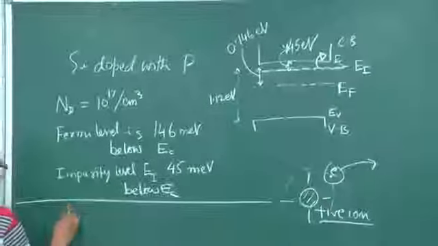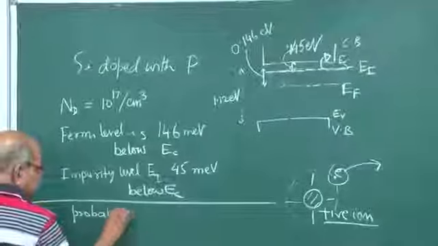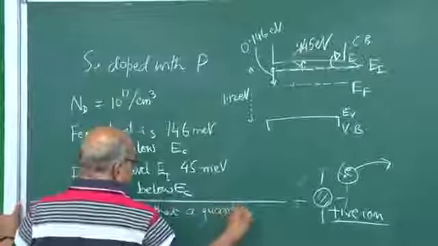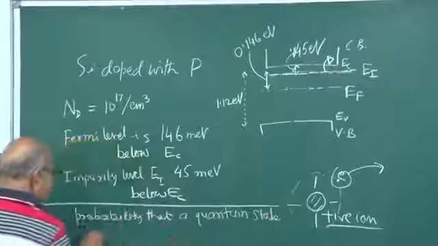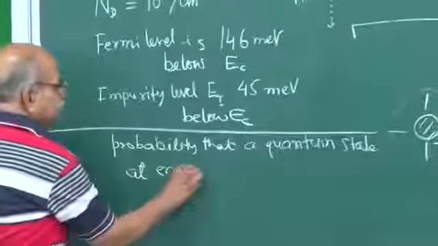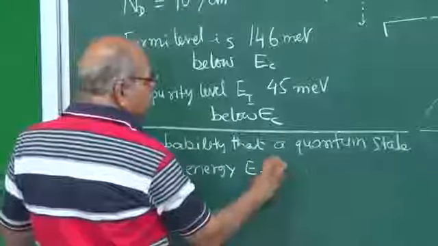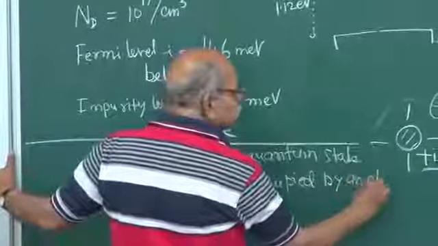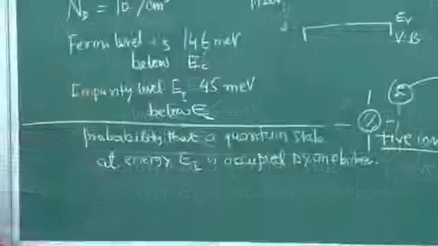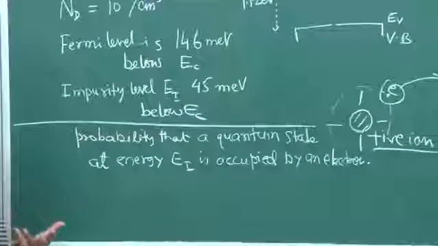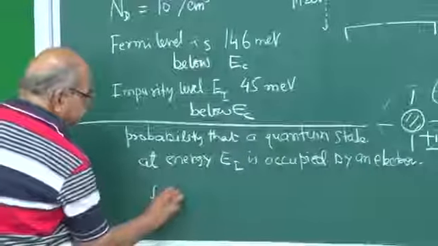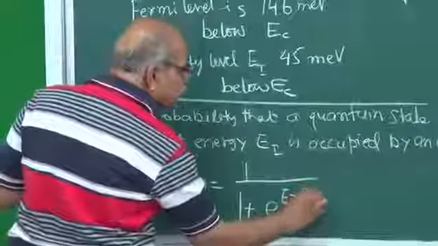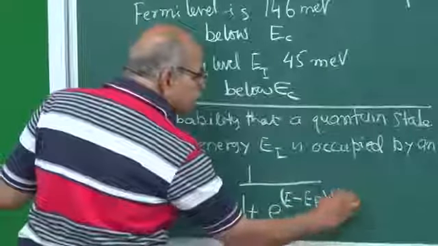So the probability that a quantum state at energy EI is occupied by an electron will be given by the Fermi function f of E, which is 1 divided by 1 plus e to the power (E minus EF) over kT.